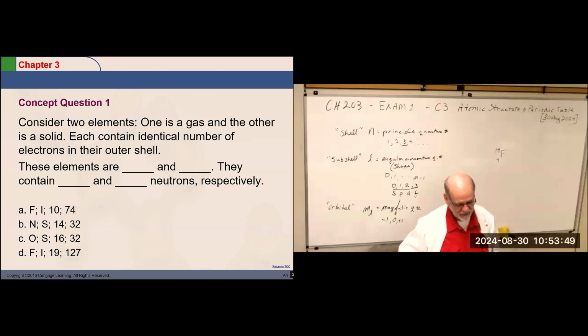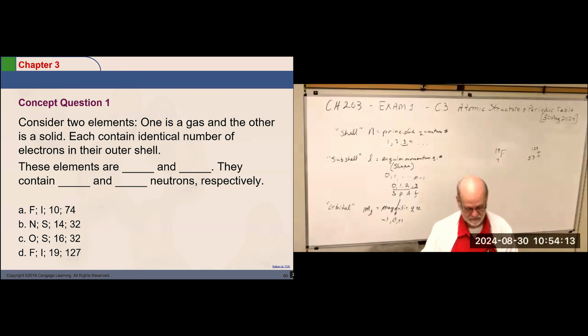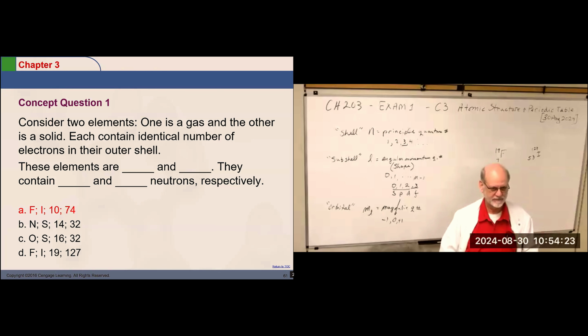That's possible. How about iodine? Does it have 74 neutrons? Let's see. Iodine is 53, and its most common is probably 127. 53 and 127. All right, so that'd be 74. It works for me. Yep, we found it. When you have a multiple choice question, work your way down. Once you find the answer, you can stop. Just move to the next one.